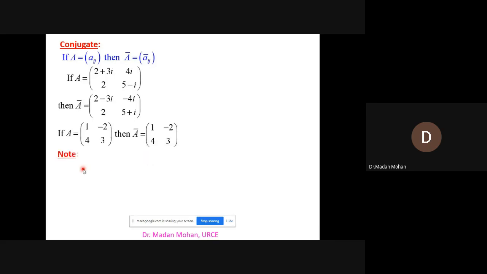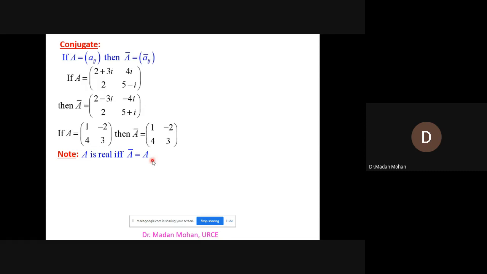Now observe this note. A is real if and only if, in short form, A bar equal to A. Observe it. If these two are equal, then we say that such a matrix is a real matrix, meaning you have only real entries. A matrix is said to be real if and only if its conjugate is itself. If A transpose equal to A, it is a symmetric matrix.